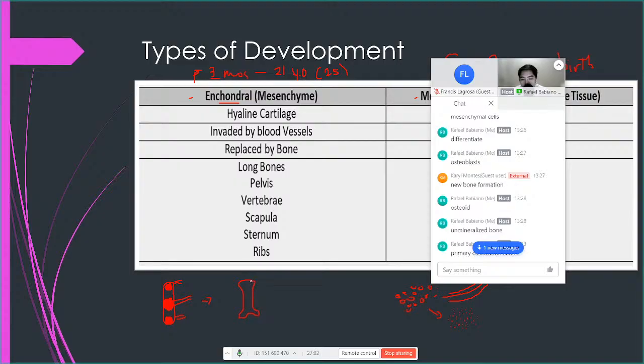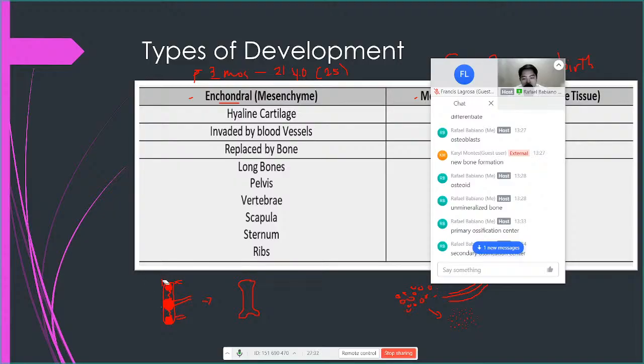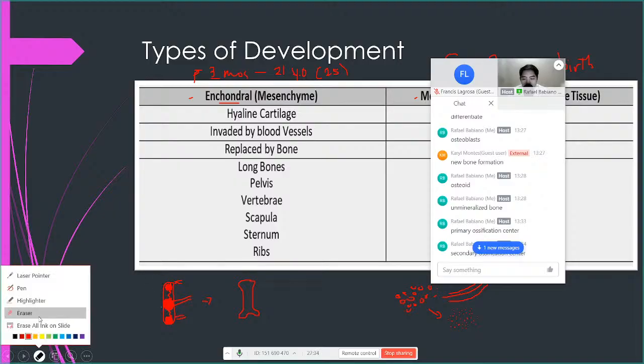Just imagine this is a full bone, the one on the right side. So the bones fuse, forming from the center to the ends. By the way, the ends, number 1 and number 2, are called the secondary ossification center, meaning second, not the first. The first was in the middle.